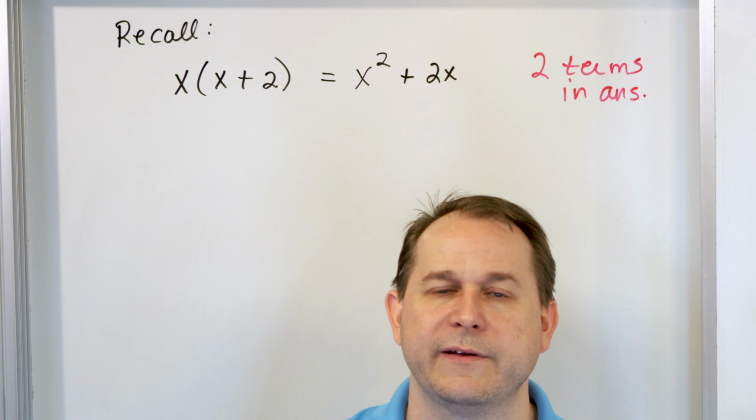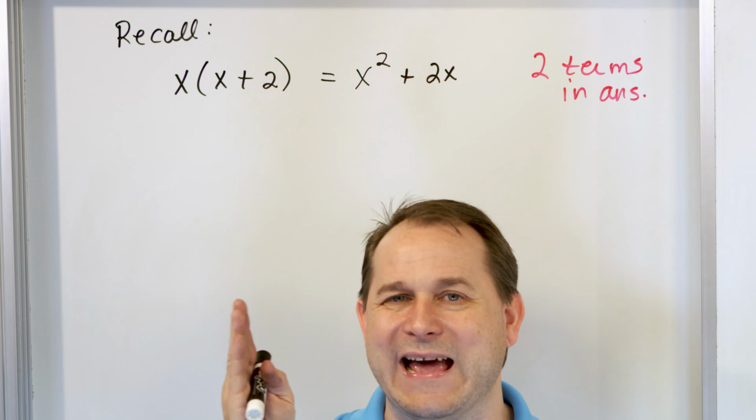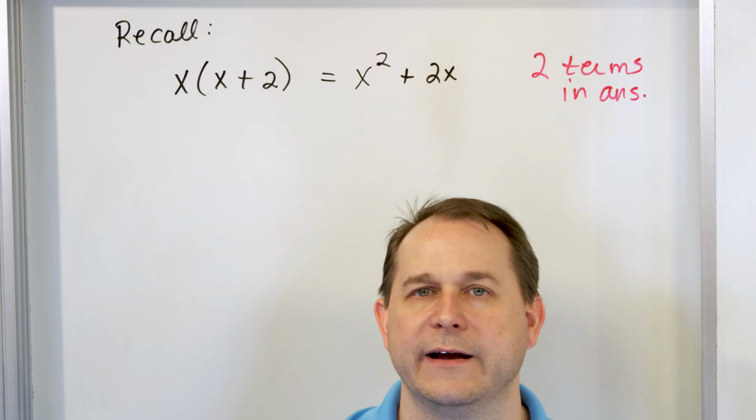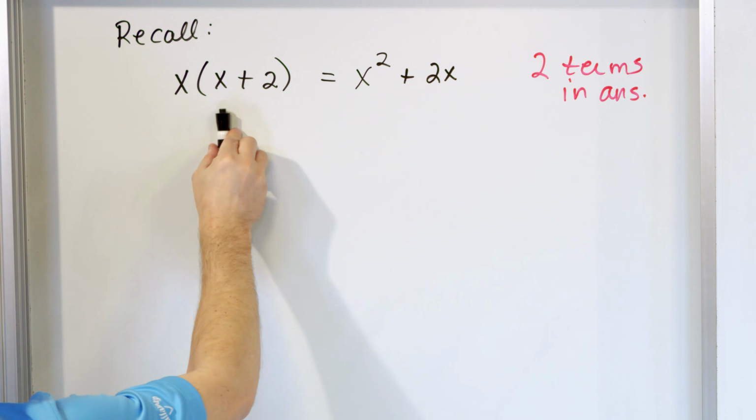In order to do the complete multiplication, the outside thing has to affect everything on the inside. All right, so anyway, you've done it via distribution.